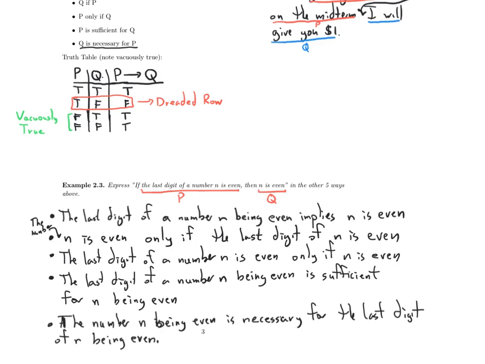Again, all of these statements here mean the exact same thing as if the last digit of a number n is even, then n is even. So they're logically equivalent. They mean the exact same thing logically.